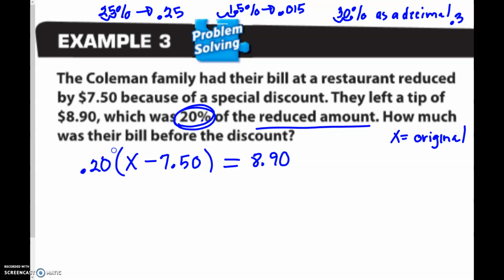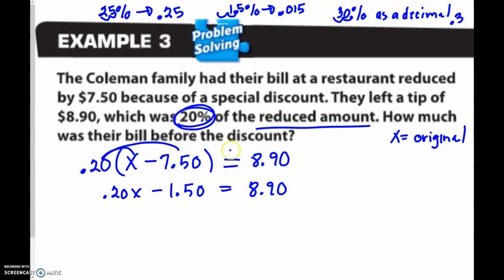All right, so now this should look like a problem you guys have been working on with the distributive property. So we're going to distribute here. So we have 0.20x. Now you might have to grab your calculator and take 0.20 times $7.50, which is $1.50. All right, now it looks like we have a 2-step problem here.